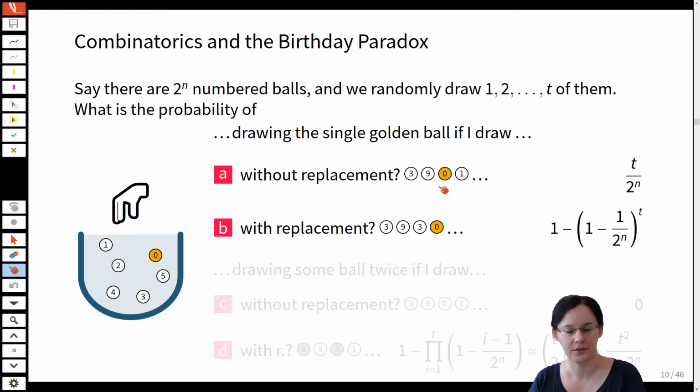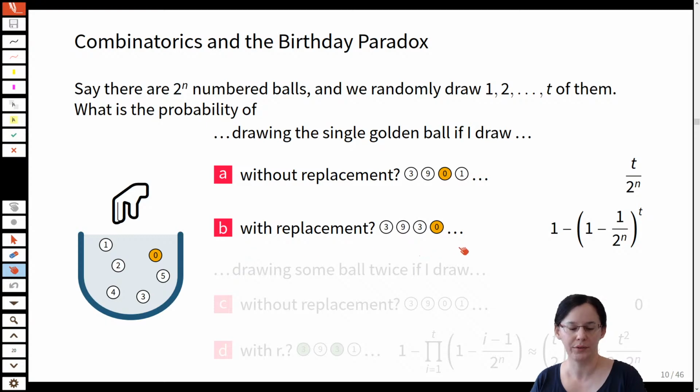And so this is the position of the golden ball, and there are t good results. What is a good result? It's if the position of the ball is in one of the first t ones that we drew. So if we index them all that we have drawn and all that are still in there, if the ball is in the first t, so t good places, then we are successful. So this is the case without replacement.